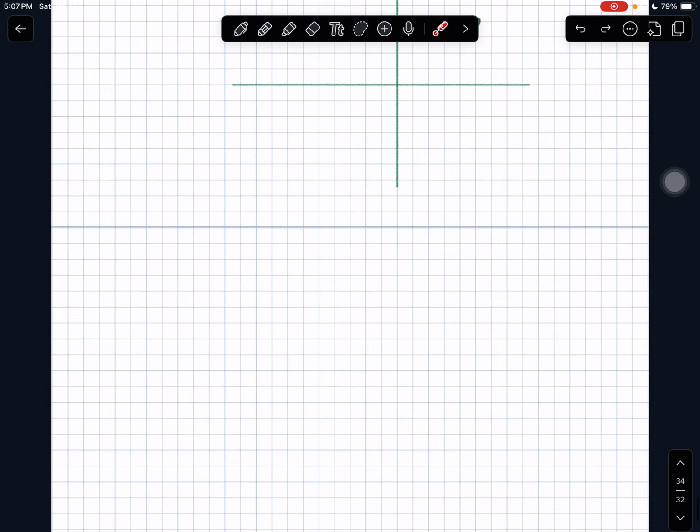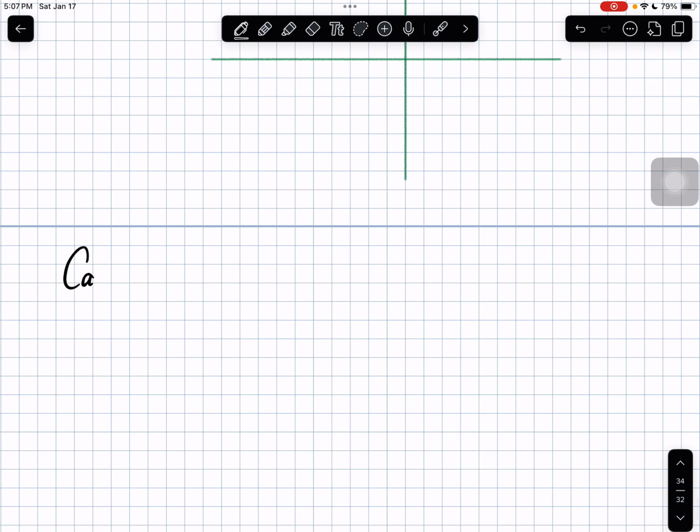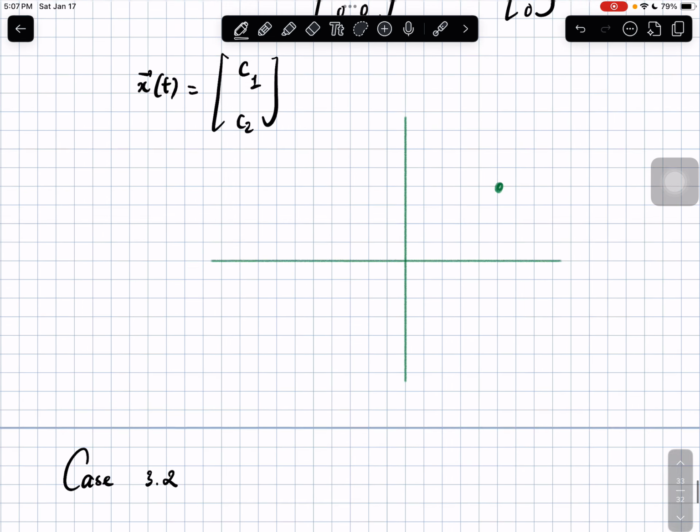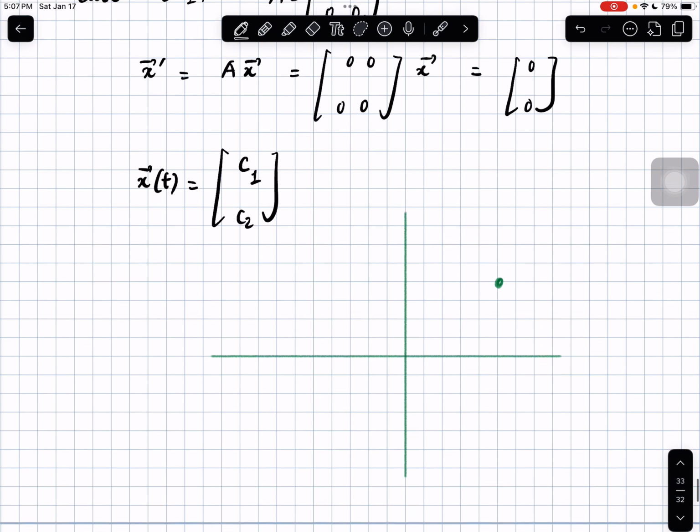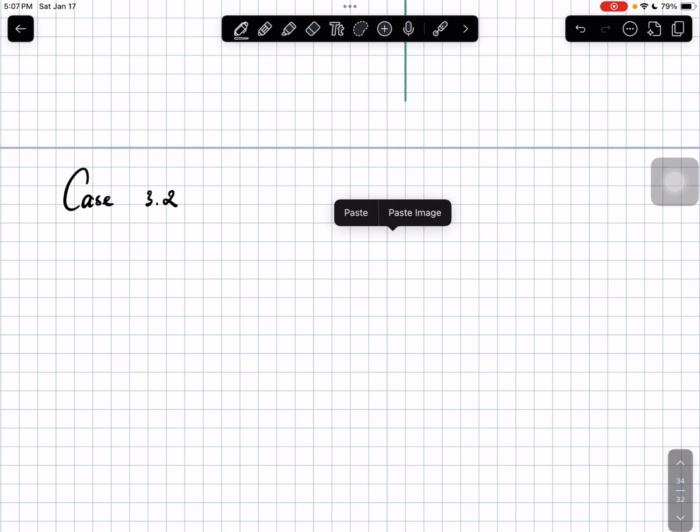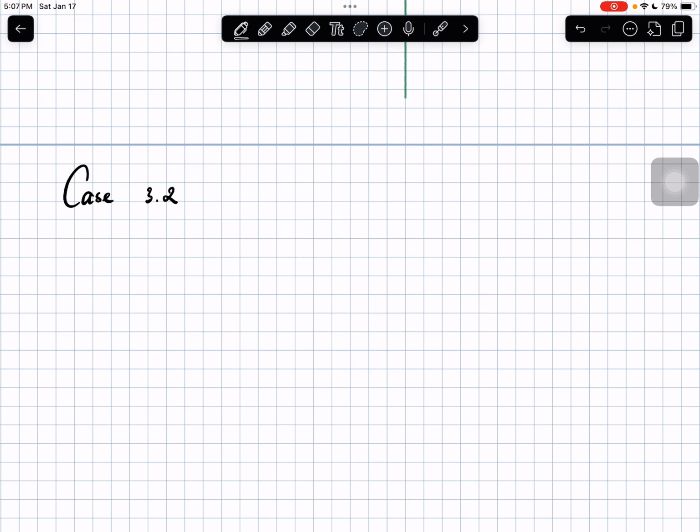Case 3.2. We have a defective lambda with one actual eigenvector. So what we do is we first try to get a generalized eigenvector.